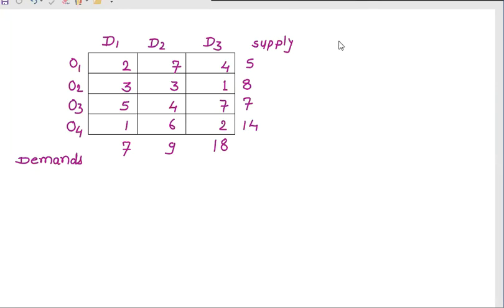Now let us calculate penalties for each row and column. We will calculate the first set of penalties. What is a penalty?